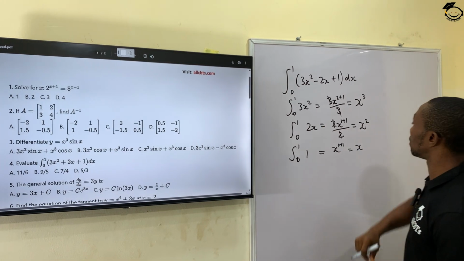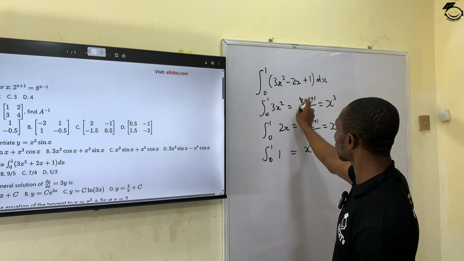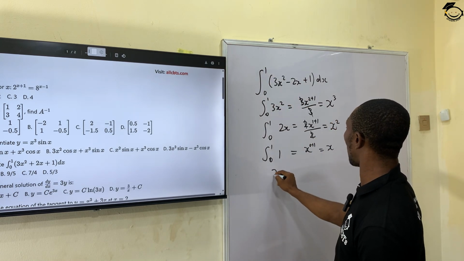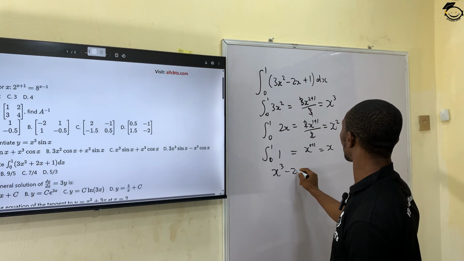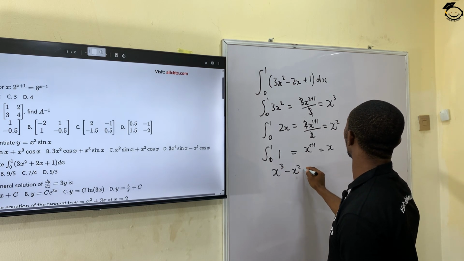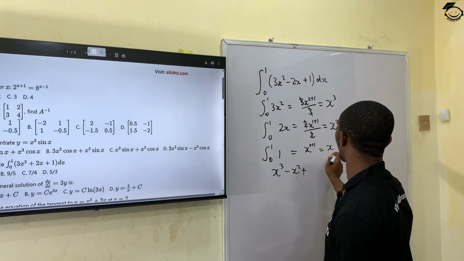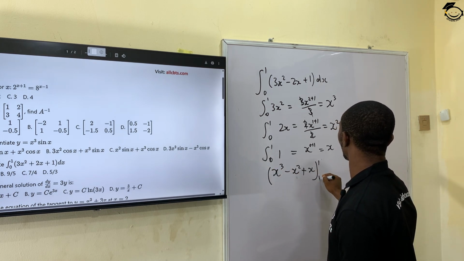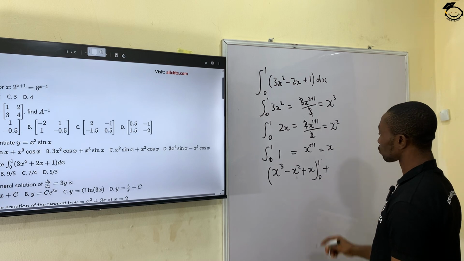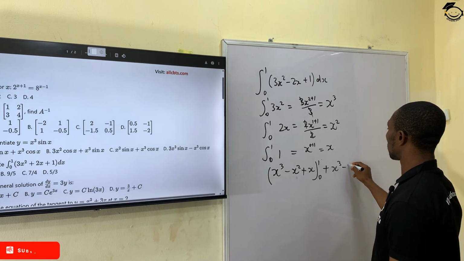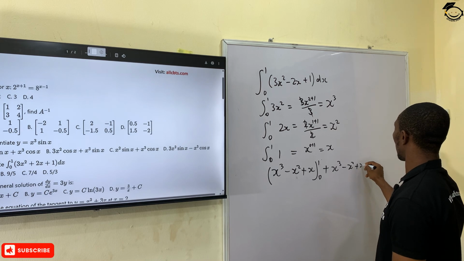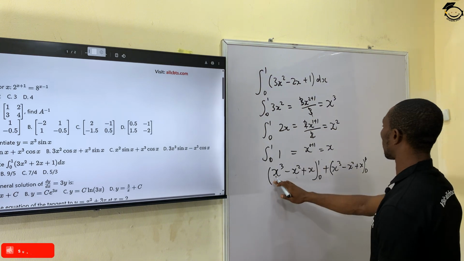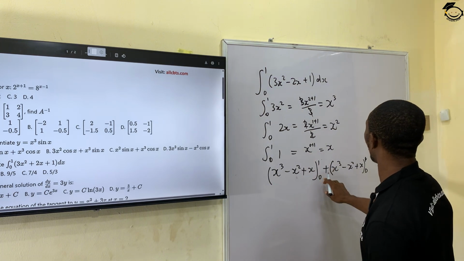Now, having this in mind, since we are working with the integral with limits between 0 and 1, this will become x raised to the power 3 minus x squared plus x, from 0 to 1. On this part we substitute 1, and on this part 0.